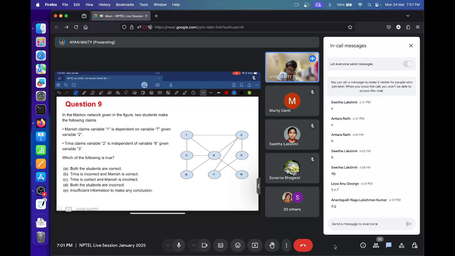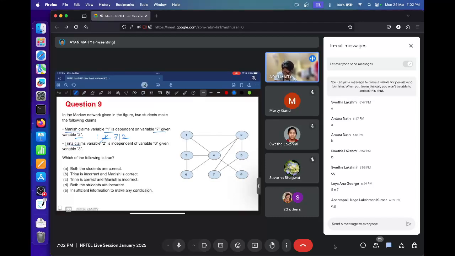Now question 9. So for the same Markov network, two students make the following claims. Manish claims variable 1 is dependent on 7 given 2. This is the first claim.